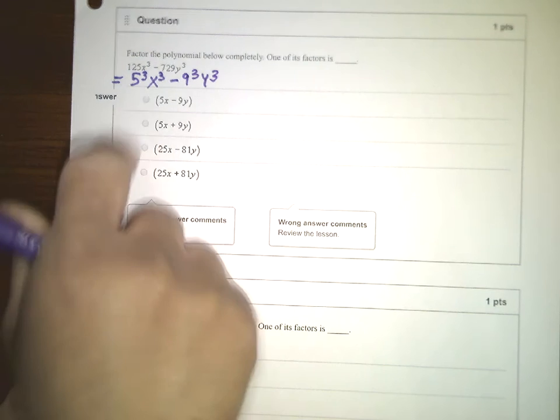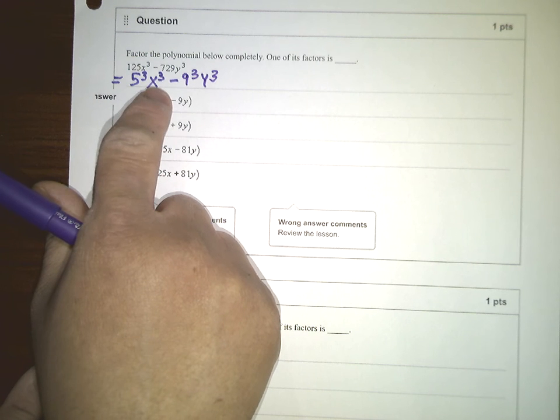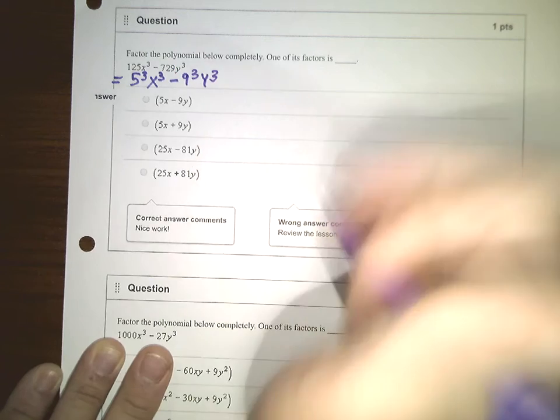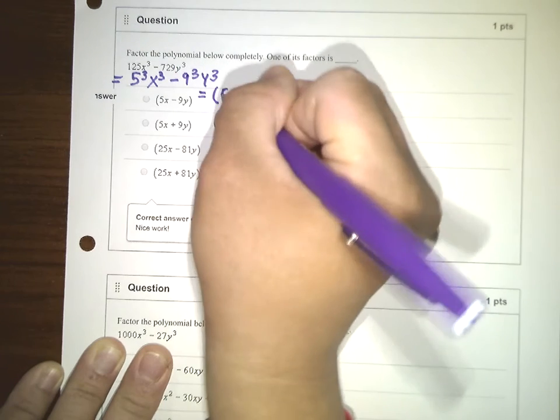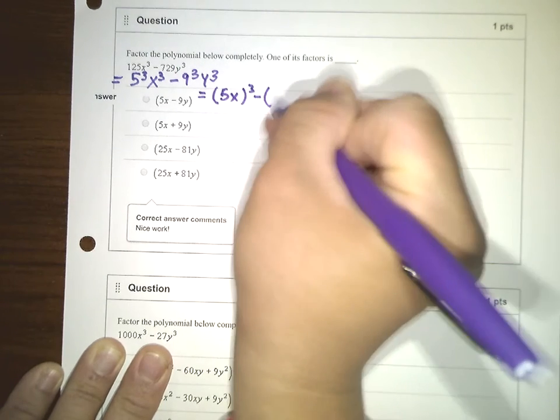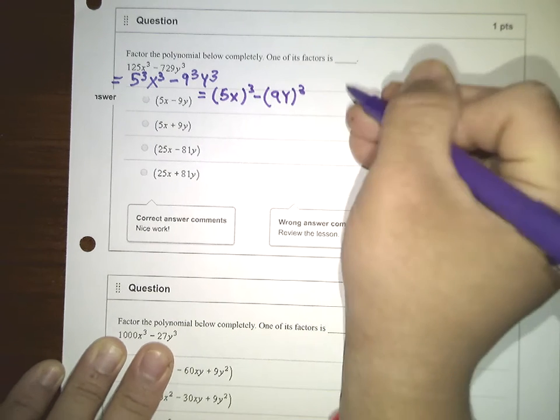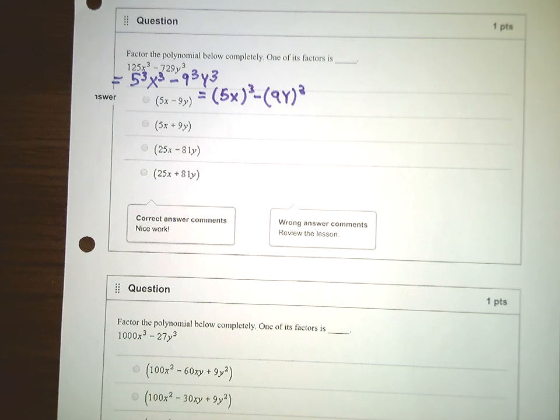So instead of rewriting this as 5 cubed x cubed minus 9 cubed y cubed, I can write it as 5x quantity cubed minus 9y quantity cubed, and then apply the formula for the difference of the perfect cubes.